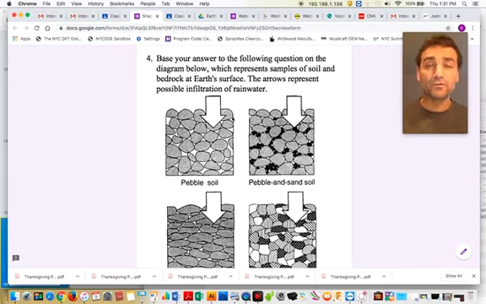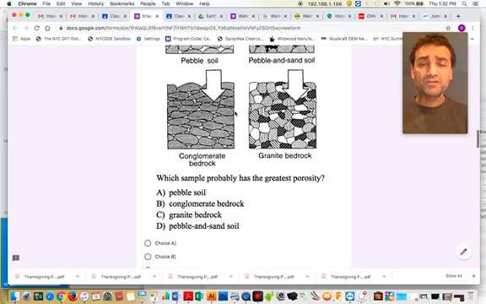All right, number 4. Base your answer to the following question on the diagram below, which represents samples of soil and bedrock at Earth's surface. The arrows represent possible infiltration of rainwater. So rain is coming down and going through these here. The question is, which sample probably has the greatest porosity?